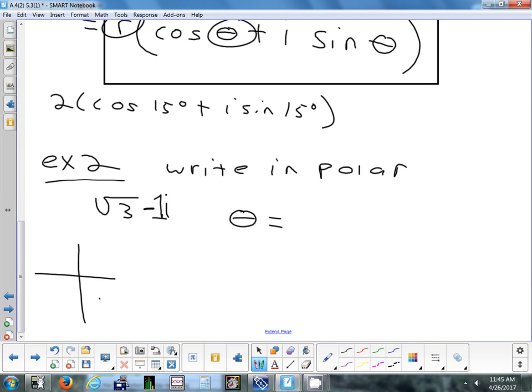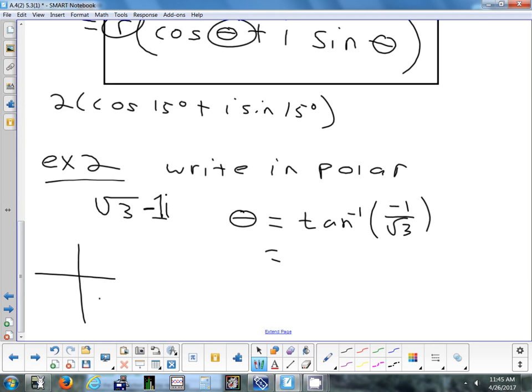So, what's the formula to find theta in quadrant 4? Do you have to add the 180? No. Inverse tangent of, can you tell me what y is in this case? Yep, it's always your second number, over square root 3.